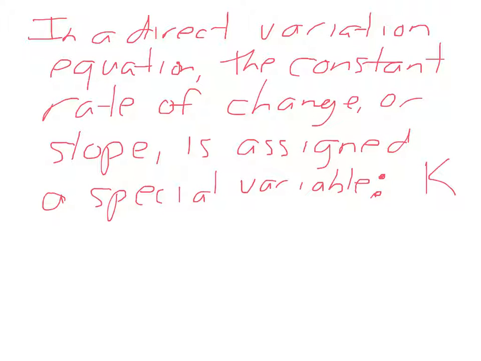C is used for other things in math, so they didn't want to use C for constant, so they used K for this instead. So K is our constant rate of change, or in a direct variation equation, the K is the slope.